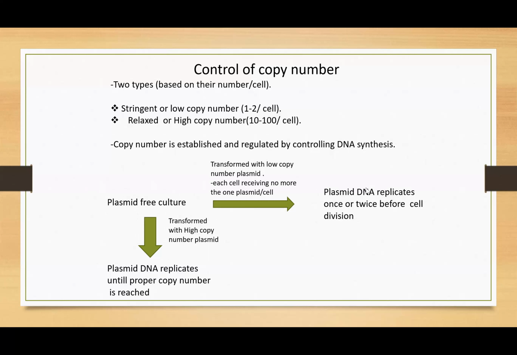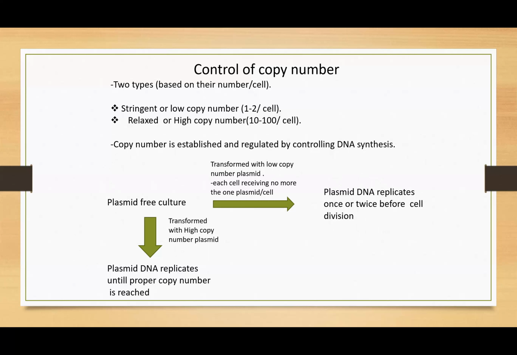It means it is the plasmid which decides whether it is going to maintain a high copy number or a low copy number. If a low copy number plasmid enters the cell, it maintains a low copy number. But if a high copy number plasmid enters the cell, then it maintains a high copy number.